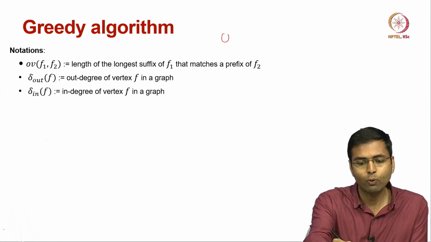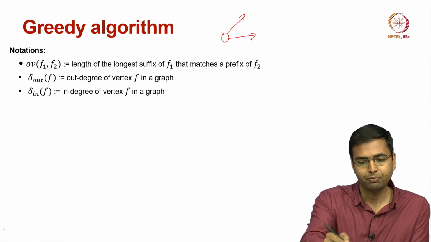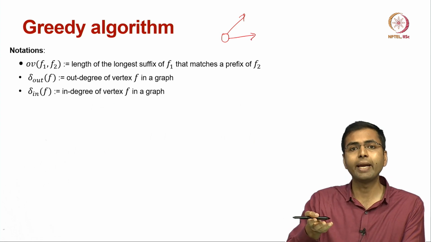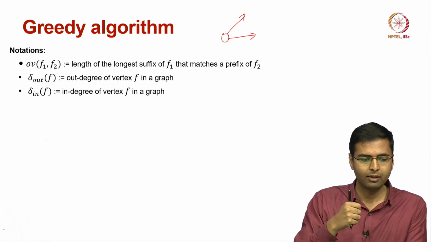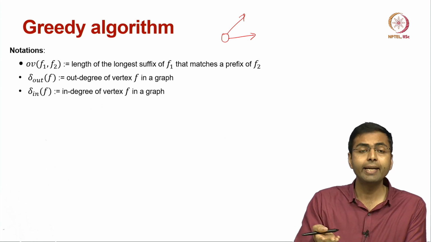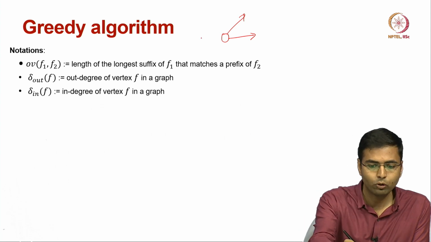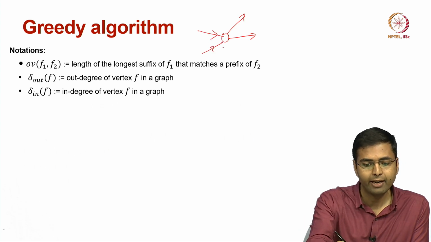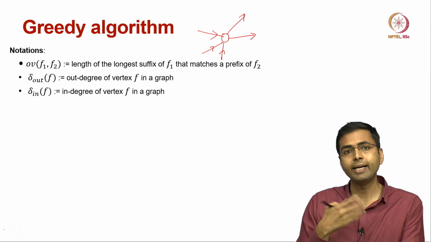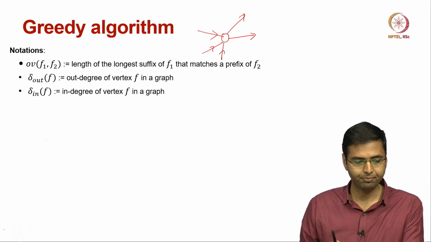So, if there is a vertex which has two outgoing edges, then its out degree is 2. Similarly, I denote the in degree of a vertex as delta in. So, if there are 3 incoming edges, then the in degree of this vertex is 3.